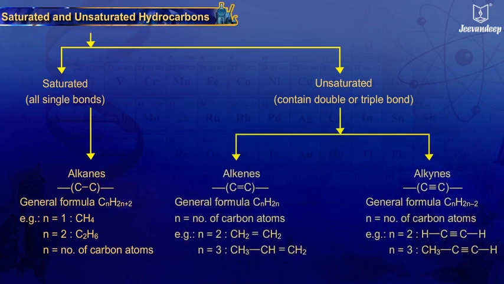A hydrocarbon that contains carbon-carbon double bonds, that is, the alkenes, or triple bonds, that is, the alkynes, is called an unsaturated hydrocarbon. They have less hydrogen content than saturated ones.